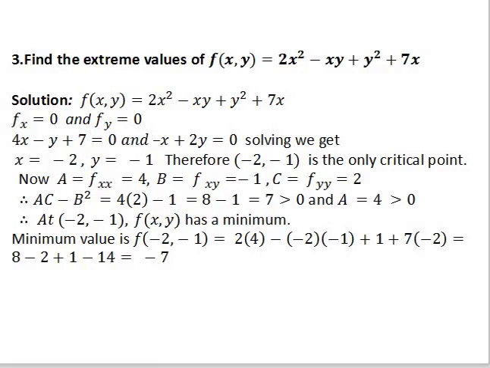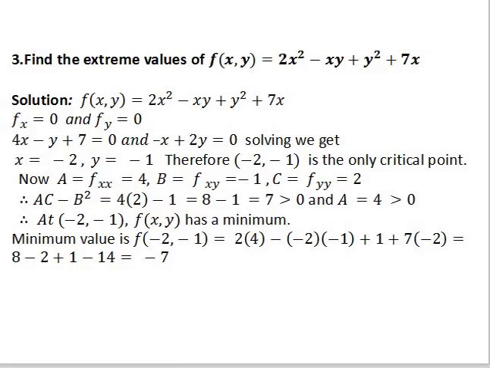Now compute AC - B². AC is 4 into 2, minus 1. So 8 - 1 is 7. 7 is greater than 0. And A = 4, which is greater than 0. Therefore, at the point (-2, -1), f(x,y) has a minimum.